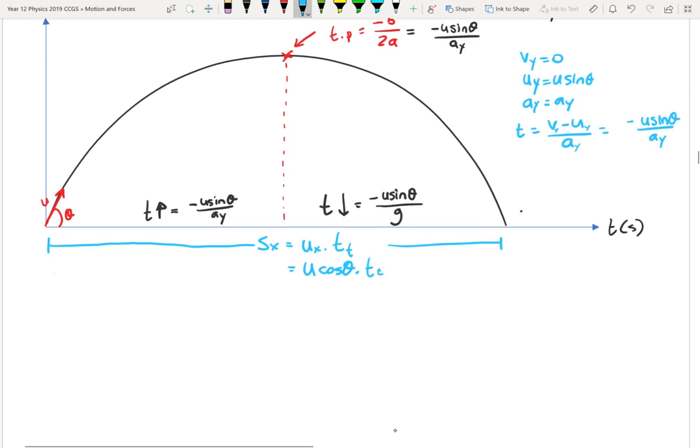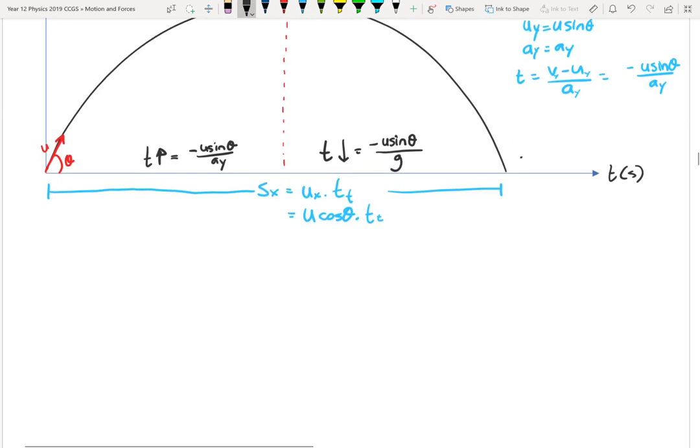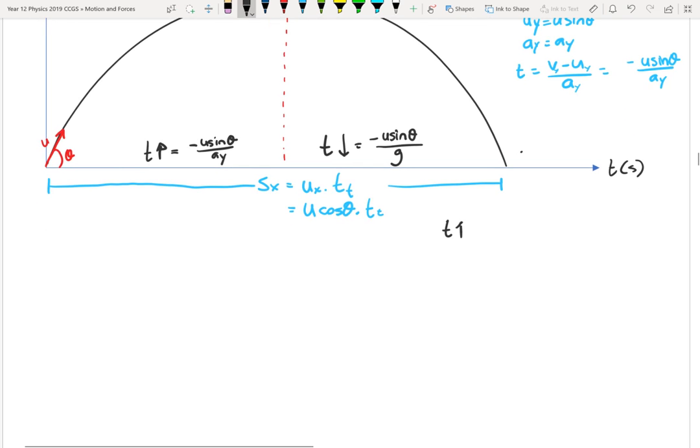Okay, so next statement. I'm going to say that time up plus time down will give us the total time. And not only that, time up equals time down. In that case, time total is 2 lots of negative u sine theta on g.